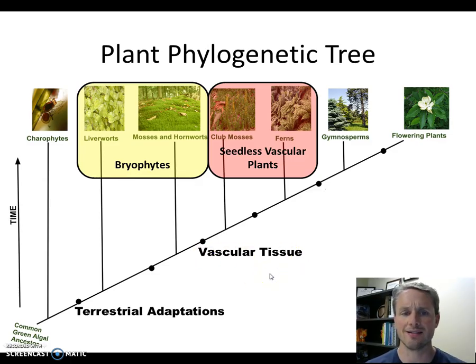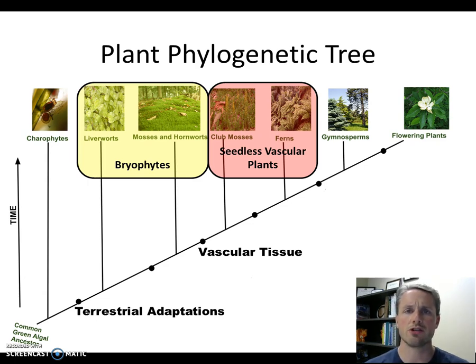Vascular tissue is sort of like a circulatory system for the plant. It allows the plant to transport water and other nutrients through the stems, through the shoots of the plant. And by evolving vascular tissue, plants were able to grow taller because all of their tissue no longer needed to be in contact with the source of water.